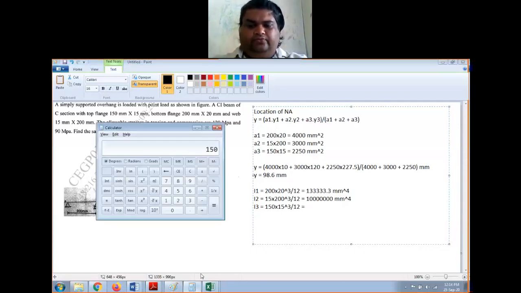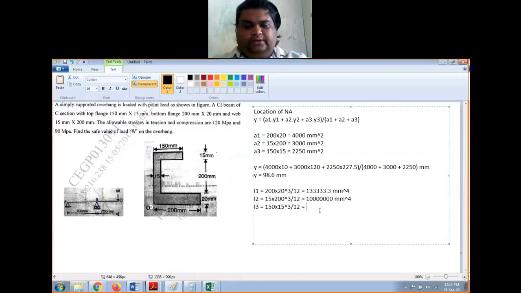150 into 15, sorry, cube by 12. So this is in mm raised to 4. Now I have to calculate H1, H2 and H3.